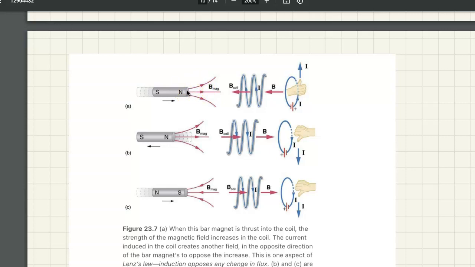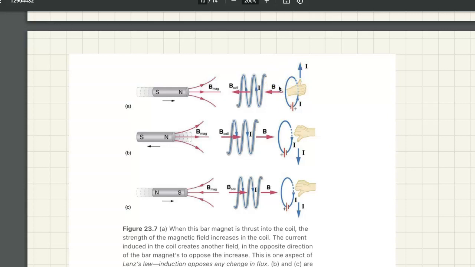Therefore, the magnetic field for the coil should be pointing to the left, because there is an increase in the flux, so the two B's are going to be in opposite directions. Based on the direction of the magnetic field, you use the right hand rule: the fingers point in the direction of the field, then I is going in this direction.